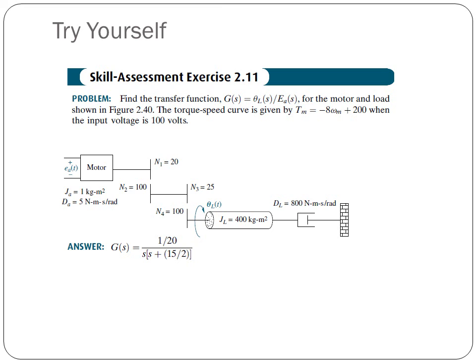I think you can easily solve this if you compare this equation with our derived equation in our previous slide. If you compare, we can easily find Kt by Ra from this equation. So I hope you will pause this video here and solve the transfer function, which should be this one.